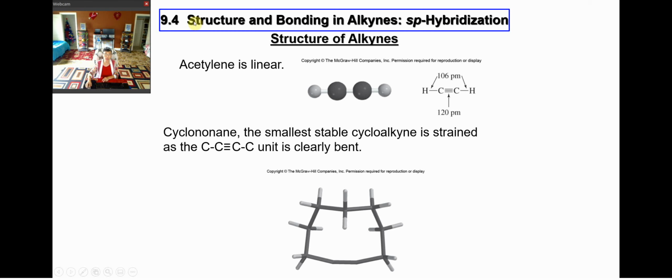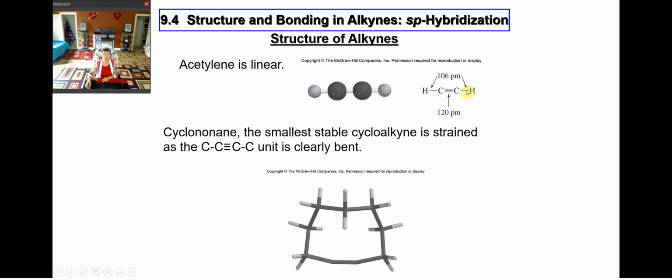Another point about alkynes will be structure and bonding. Your acetylene, C2H2, is a linear molecule, meaning you form a triple bond between the carbons.